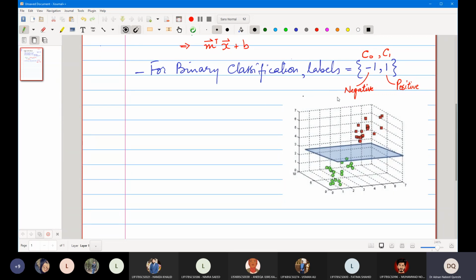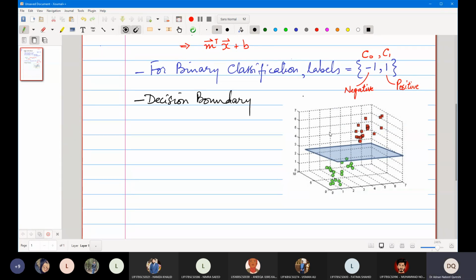The idea of this picture is that these are data points. The red data points belong to one class, the green data points belong to another class, and the decision boundary is in between these two.